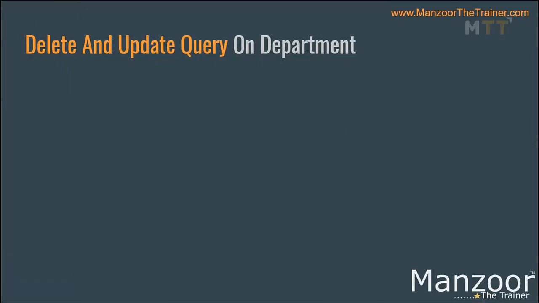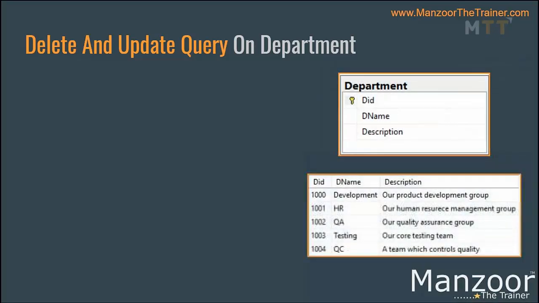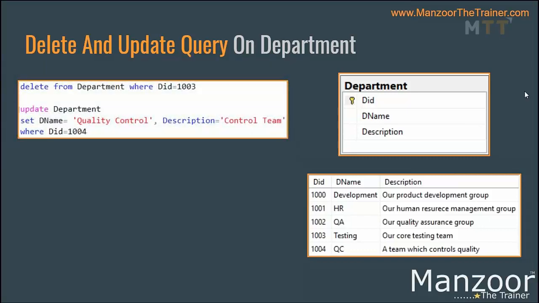Delete and update query on department. If I want to delete a record or update a record, it's a simple thing. This is the department table. So these are the records that we have, for example. Now, if I want to delete record 1003, delete from table name, I need to write a where clause.